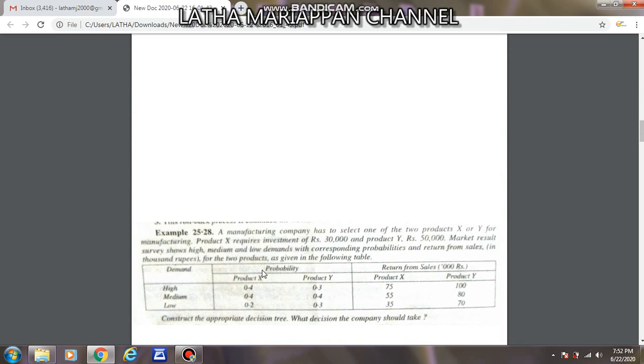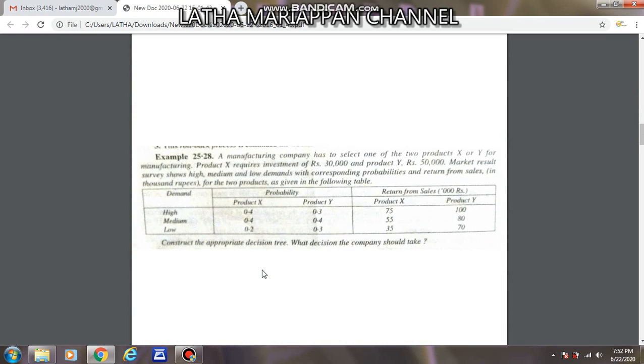So this is the first problem. So here you have to give a suggestion to the company. The company wants to select one product out of two, X or Y. Okay, so they are investing 30,000 for X product, for Y product their investment is 50,000.